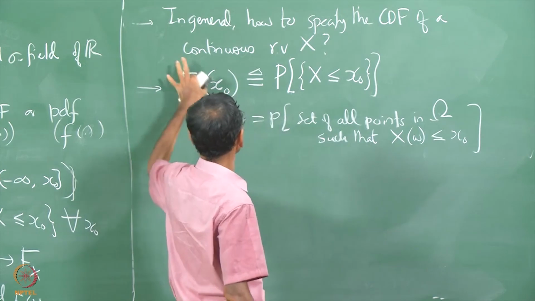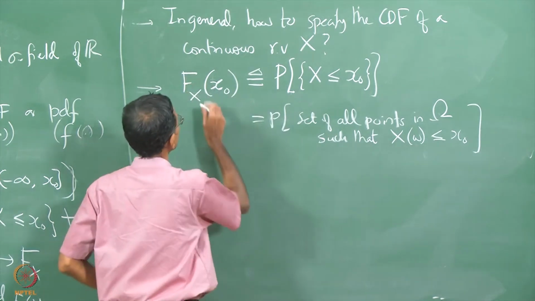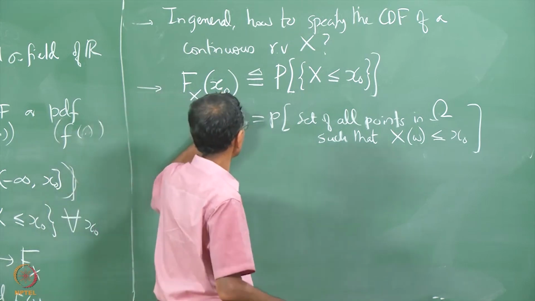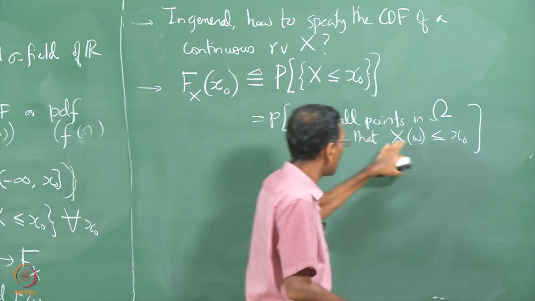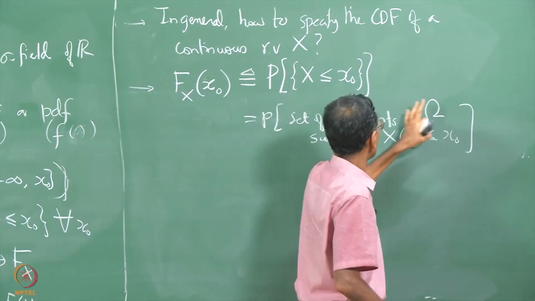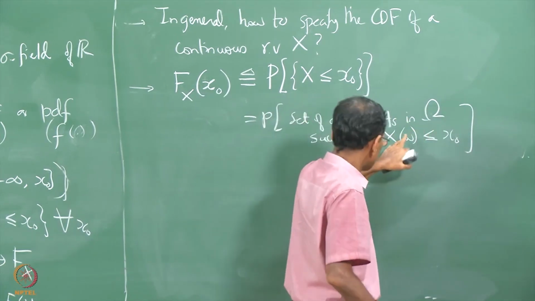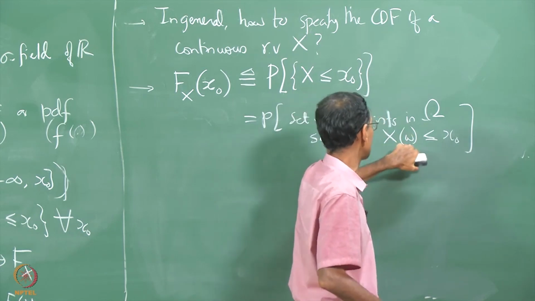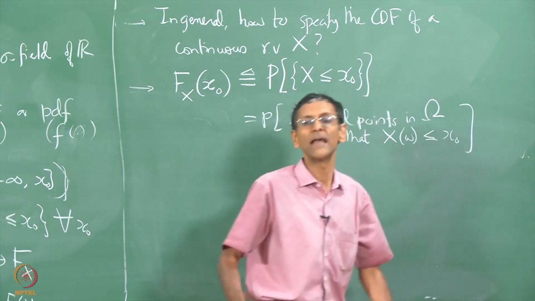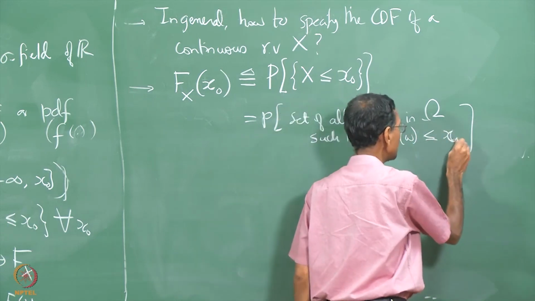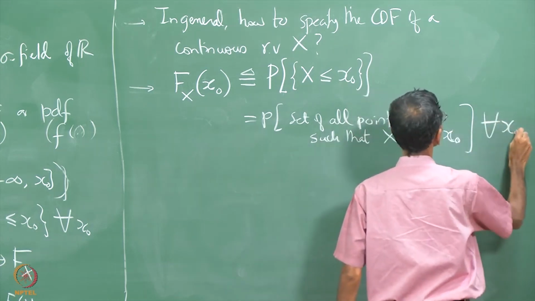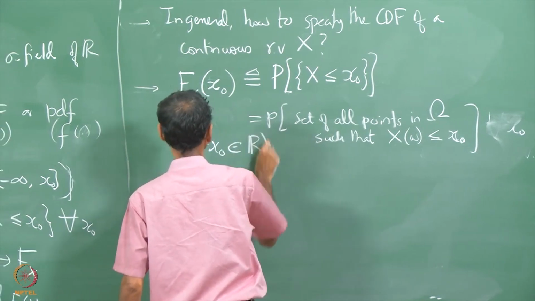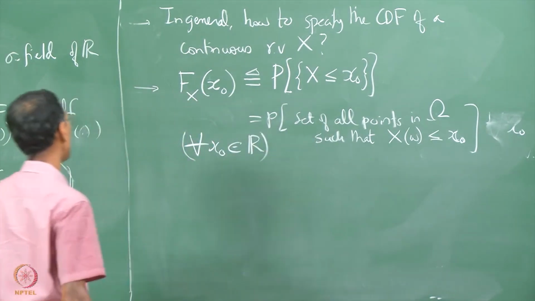Essentially we are saying that the CDF of the random variable X, for any real number x naught, is the probability of the set of all points in the space such that the measurement capital X, a real measurement on the sample point omega, is no bigger than the number we have selected, namely x naught. So, let me write it here: for all real numbers x naught.